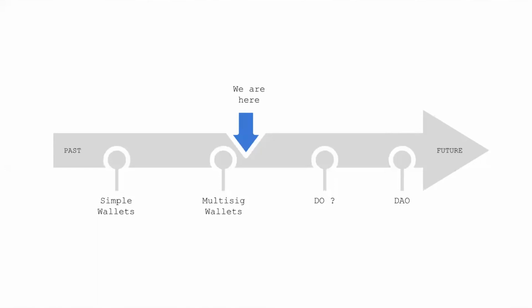So those are some of the things that are starting to come to light now, and we feel that those are some of the issues that need to be solved to be able to get to a DAO. The stepping stone there might be more distributed organizations, where you start to have multi-sig wallets composed of multi-sig wallets, and subsets of groups of people interacting with each other.